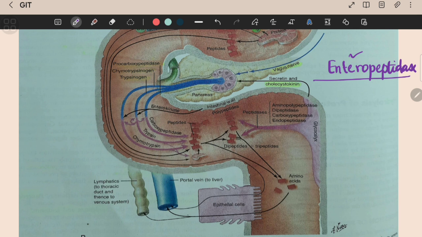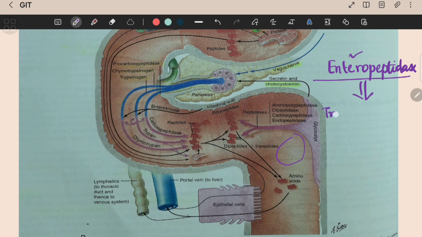This enteropeptidase is produced at the level of the intestine, in the intestinal juice, but the proenzymes are released from the pancreas in the pancreatic juice, so they are not activated at the level of the pancreas, because if they were activated, the pancreas would be self-eaten or self-destructed. To prevent that autolysis of the pancreas, these enzymes are kept inactive at this level. They come to the level of the intestine and are acted upon by enteropeptidase released from the intestine. This enteropeptidase will act on trypsinogen.